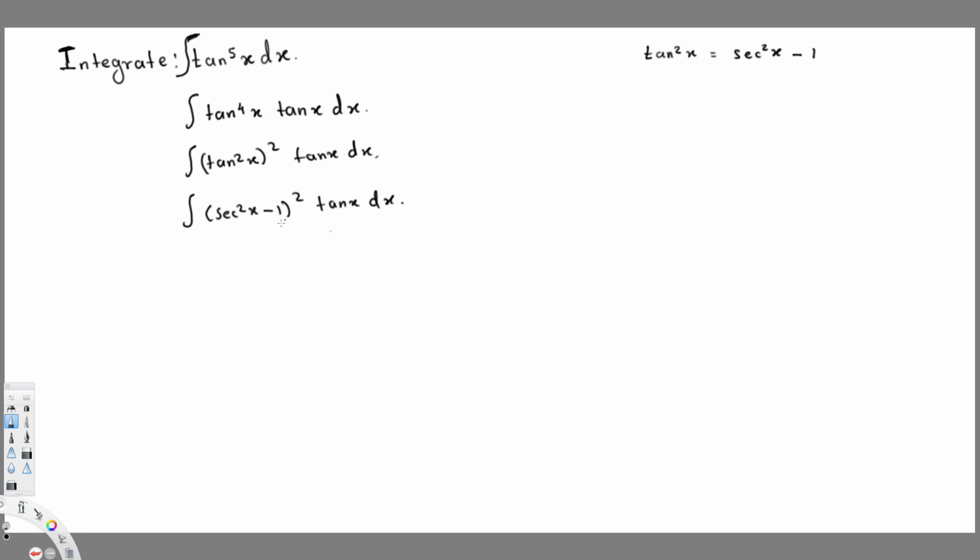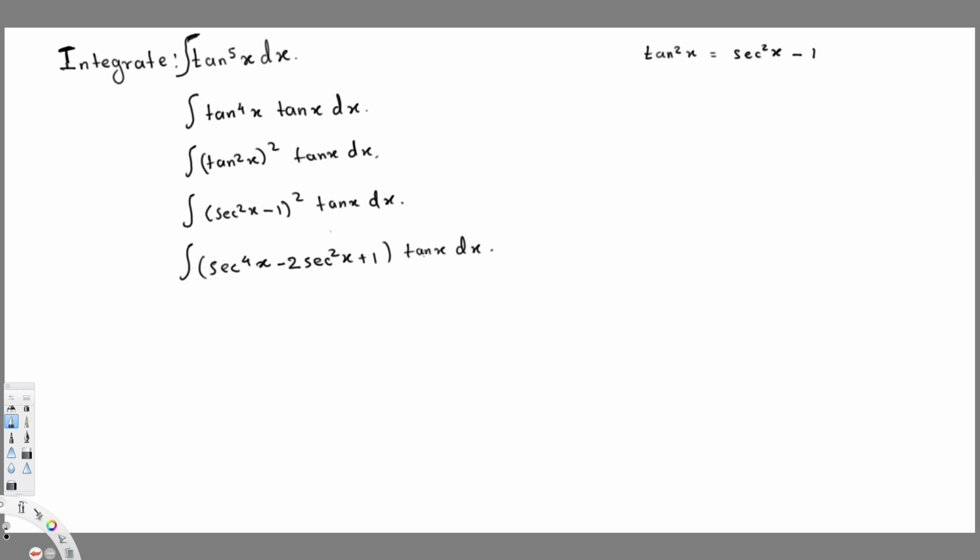Now let's expand this bracket. This is going to be sec^4 x minus 2 sec square x plus 1, times tan x dx.